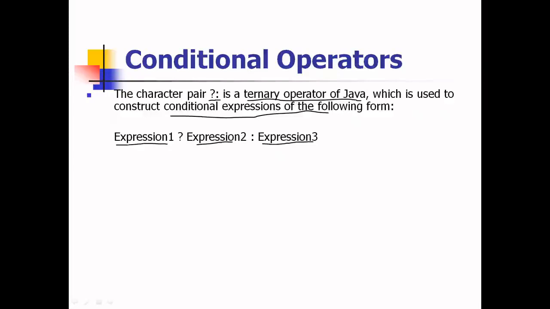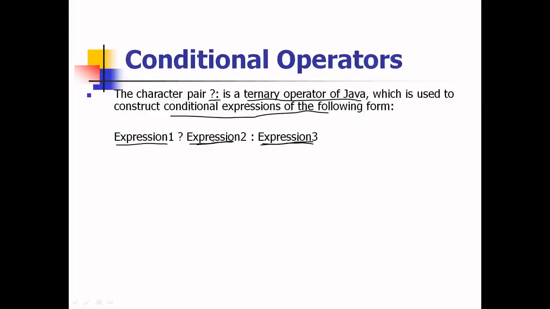So the evaluation of this particular conditional expression is, the first expression 1 is evaluated. If this expression 1 results into true, then expression 2 is evaluated. Otherwise it will evaluate expression 3.